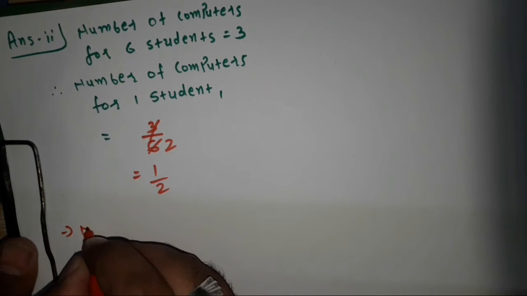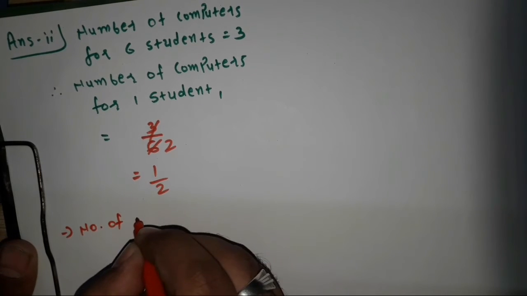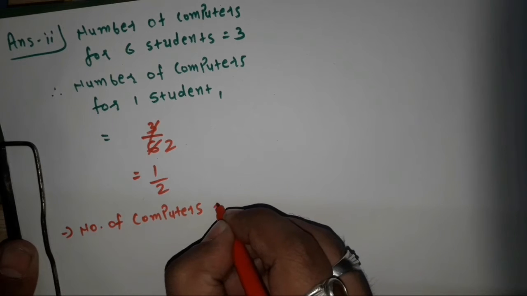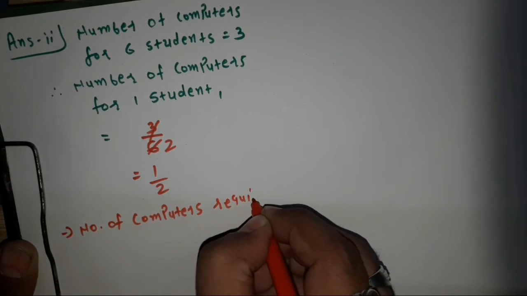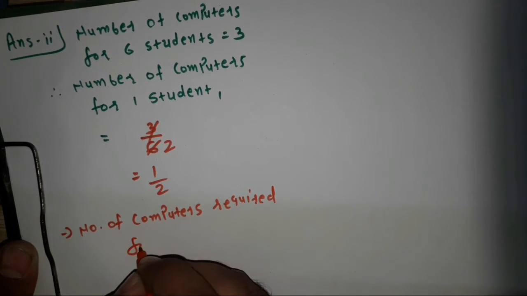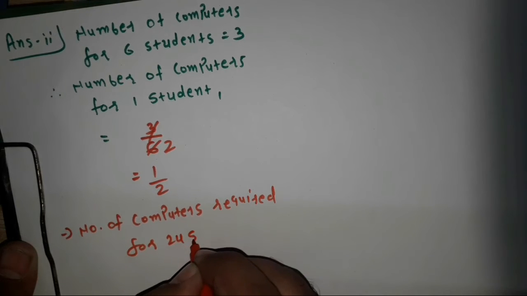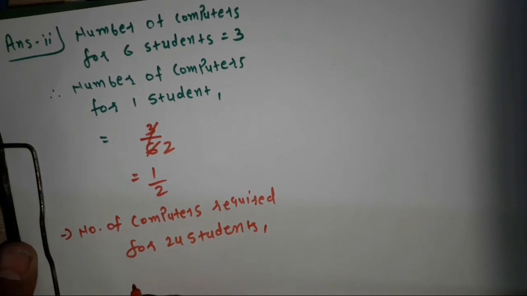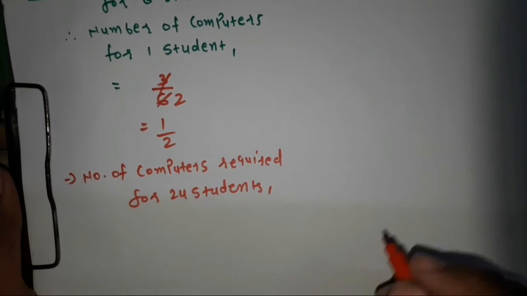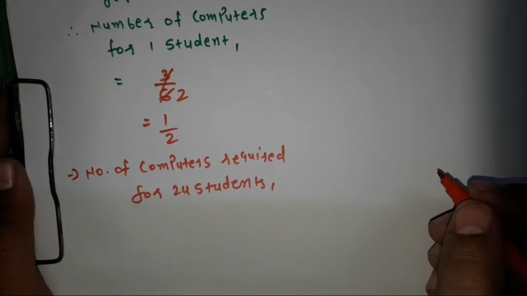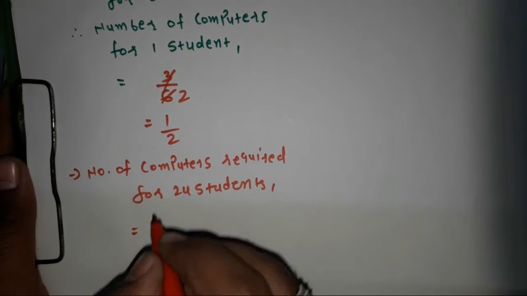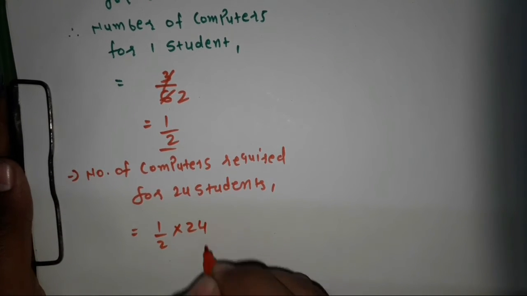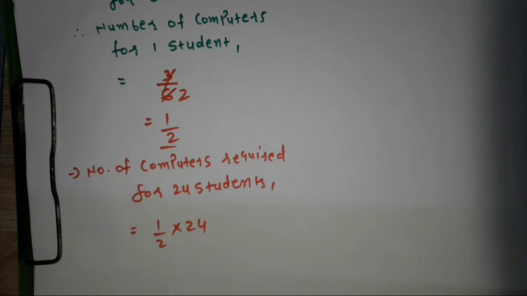So the number of computers required for 24 students, here we will multiply this by 24, as I told you in the example I have given, because here we have to find how many computers are required for 24 students.